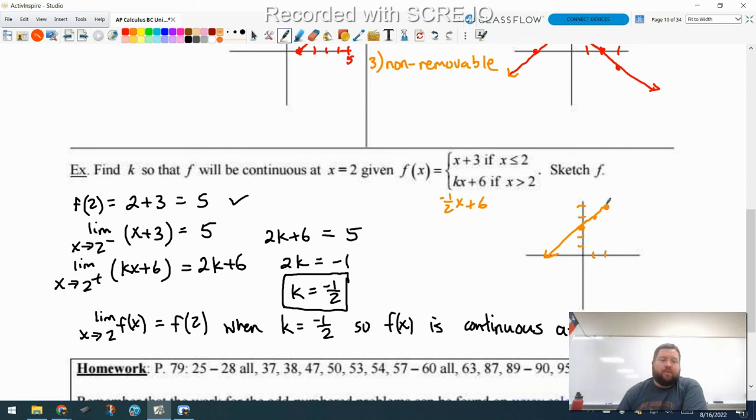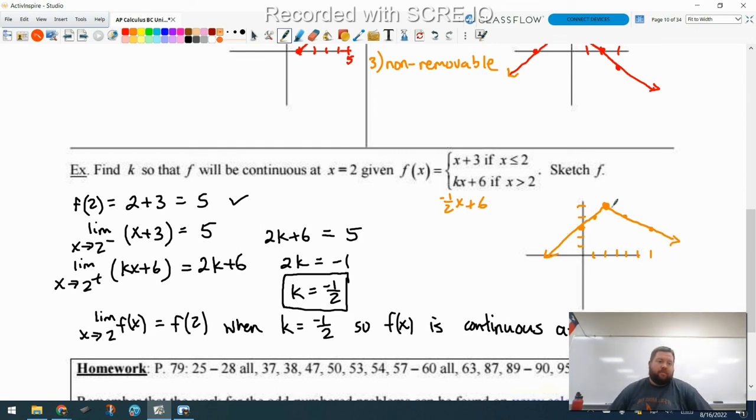Now, it would be an open circle, but the closed circle we already have there takes precedence, so it's going to stay a closed circle. Then with slope -1/2, I go down 1, right 2, down 1, right 2, like that. There's our continuous function.